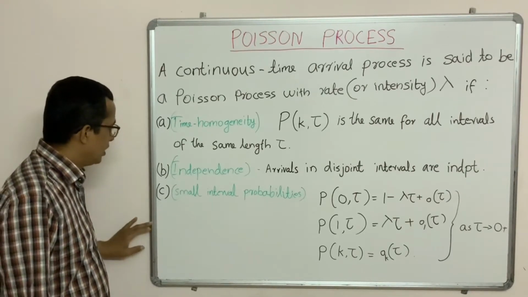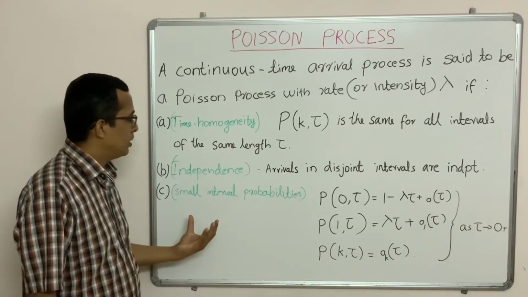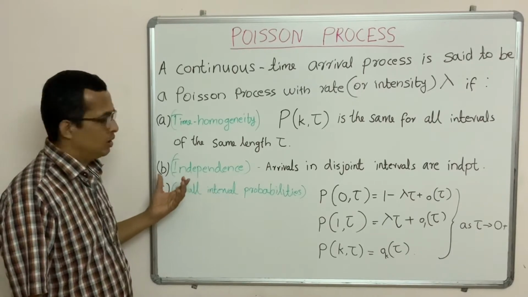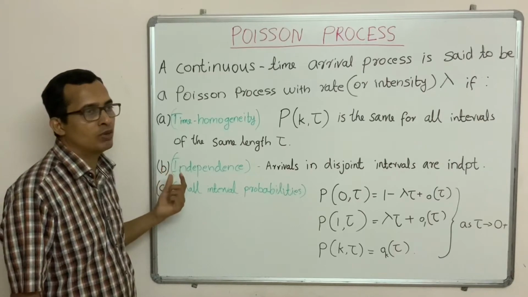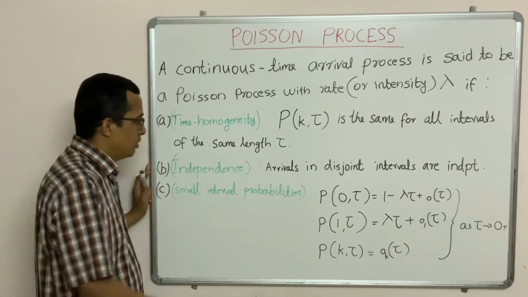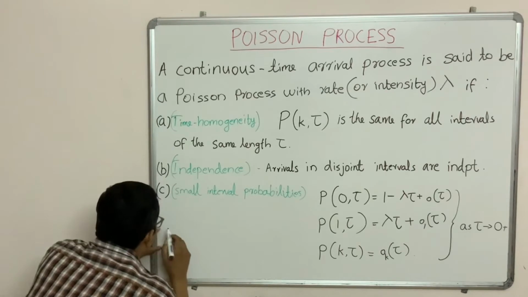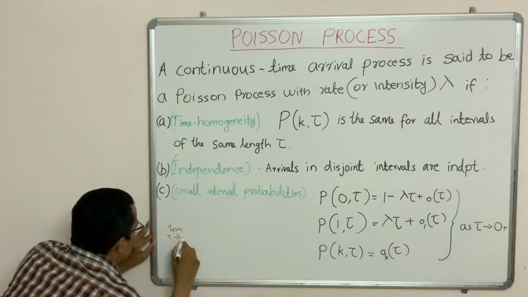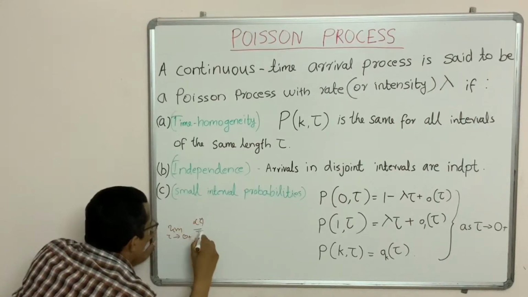Then finally the third assumption. You look at the probability of exactly k arrivals in an interval of length tau, for k equal to 0. That means p_0(tau), the probability of no arrivals in a given interval of length tau, is approximately 1 minus lambda tau plus o(tau), where o(tau) means a small o of tau, which is the famous notation meaning the limit as tau tends to 0 of o(tau) by tau is equal to 0.